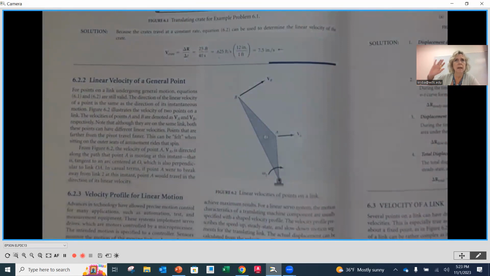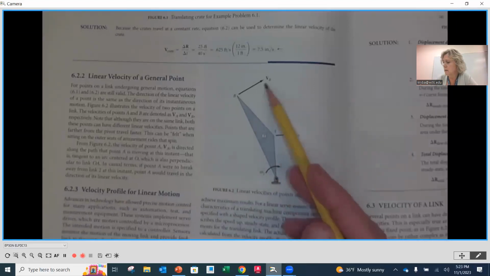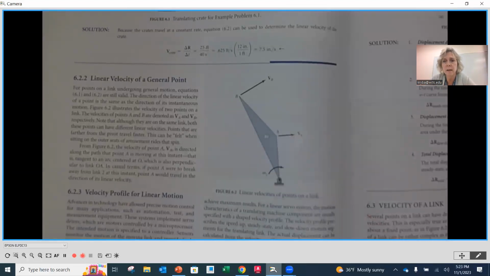So we're just looking at a simple link that is free to rotate around that point. Along that link, there are 2 points, point A and point B. Each of those points has a velocity vector coming from it.